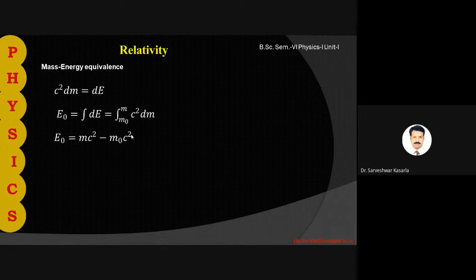Now what is m0 c square? It is the rest mass energy. And what is m? m is the relativistic mass, the final mass.